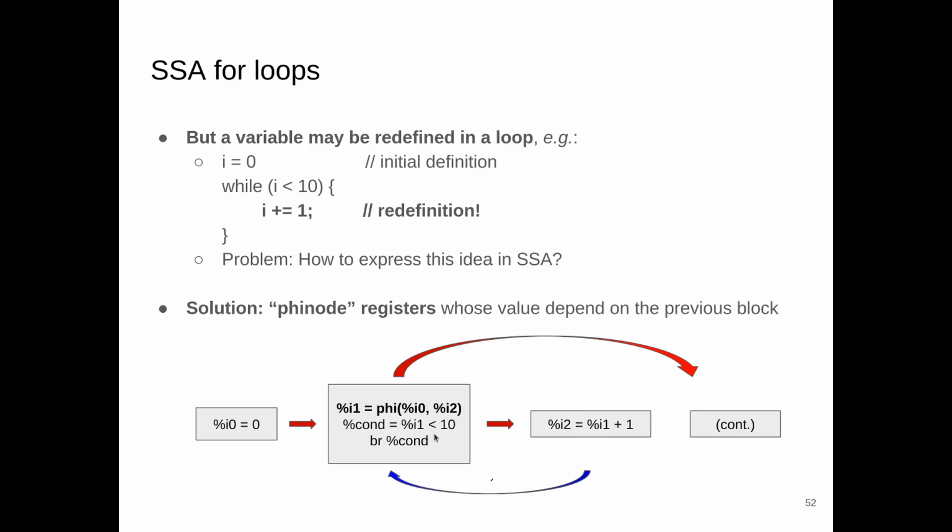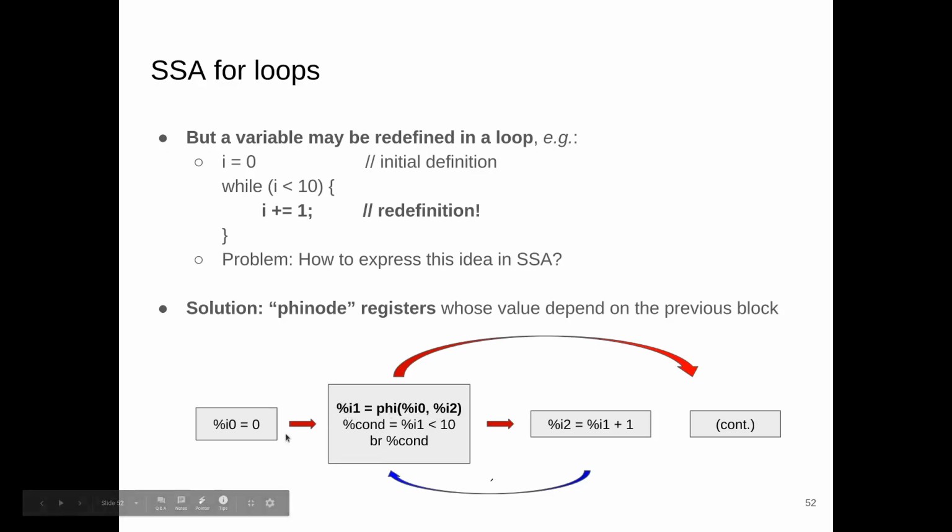And if the control flow went from this block to this block, then the value of I1 should be I2. So the phi node has such semantics. Depending on the previous block, it can be either I0 or I2. In the beginning of the execution, the control flow went from the initial block to this block, and as a result, I1 should be this I0.